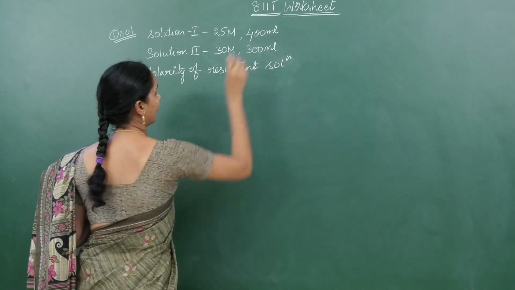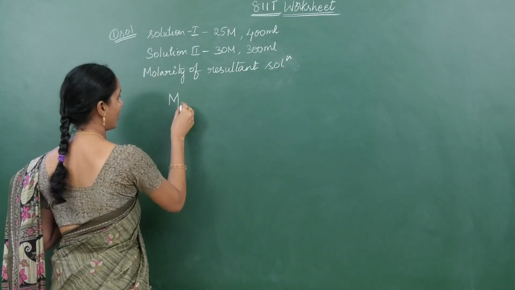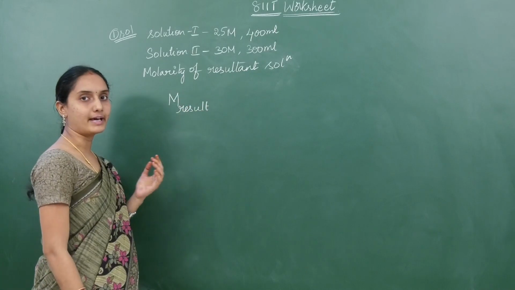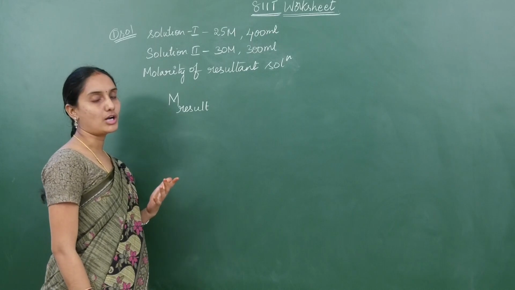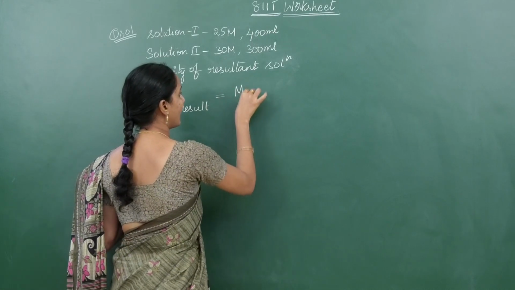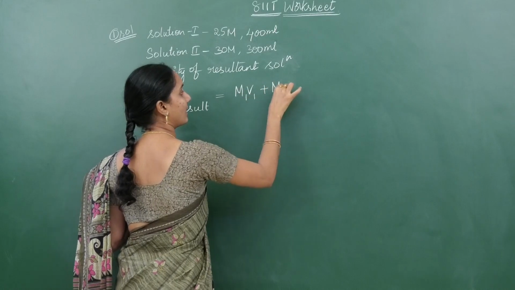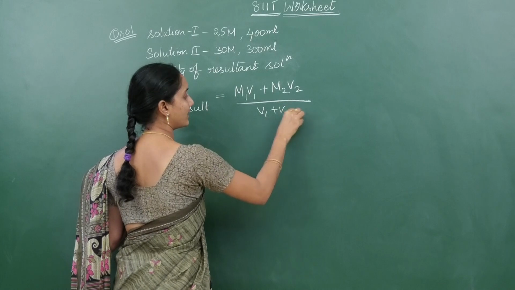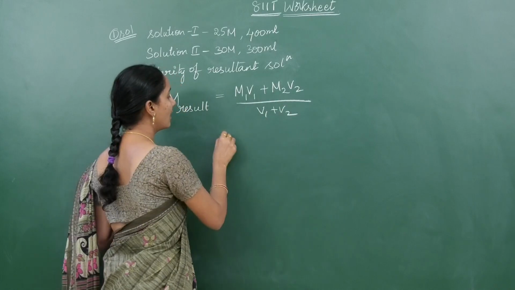So what is the formula for molarity resultant? Whenever two solutions are mixed with each other, then in order to find out the resultant molarity, the formula is (M1V1 plus M2V2) by (V1 plus V2). That is the total volume you have to do.